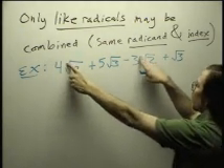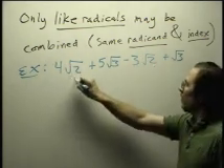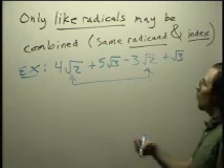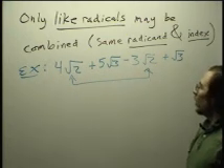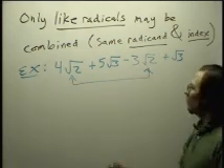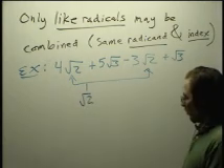They're both square roots, so they have the same index. The radicand is 2 for both. So those match up. Okay? So, combining the coefficients, 4 minus 3, that gives us 1. So, the square root of 2.